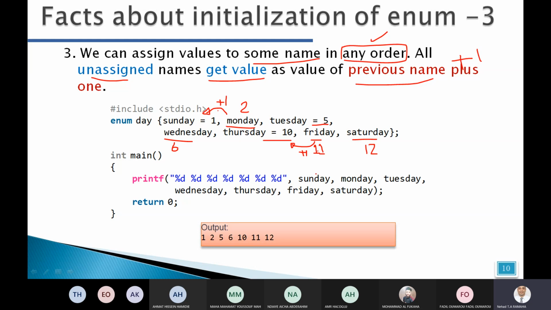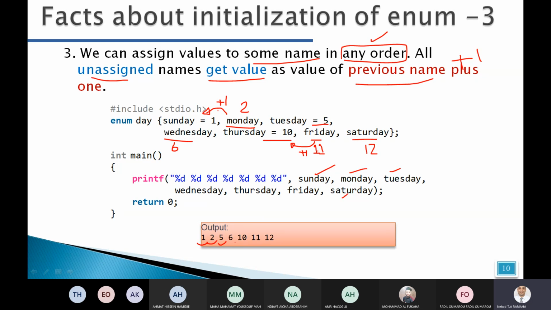Now, if we print Sunday, Monday, Tuesday until Saturday, we know that Sunday is 1 because we gave the value. Monday is 2. It's from the compiler. It's taken from Sunday plus 1. Tuesday is 5 because we already assigned 5 for it.